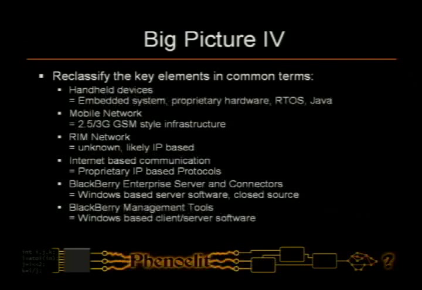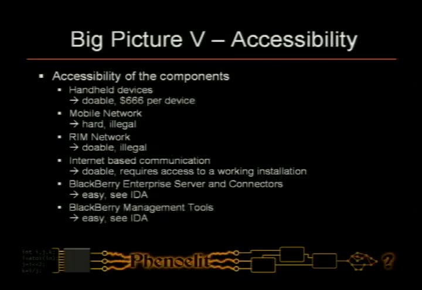You have a RIM network of which you don't know anything, but it's fairly likely that it's IP-based. You have the internet-based communication, which is certainly going to be IP, but there's some proprietary stuff going on in there. You have the enterprise server connectors, which is like Windows-based service software. It's closed source, but it is a Windows environment, so we know how to debug it, how to disassemble it, and the same holds true for the management tools.